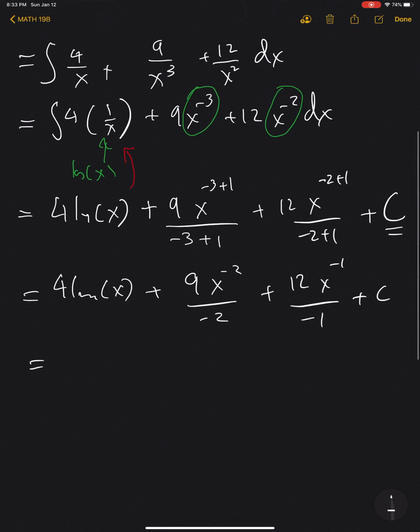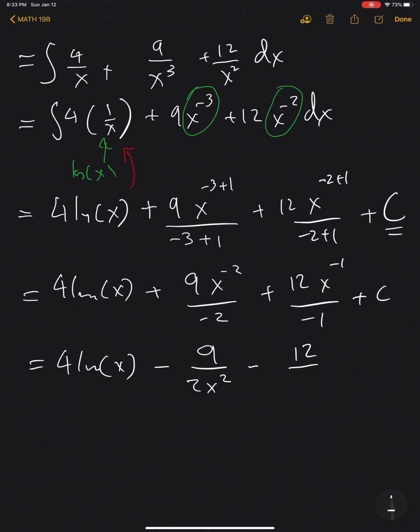And finally, I can write it down as 4 times the natural log of x plus, this should be minus because this guy is negative. So this will give me minus 9 divided by 2x squared. Again, I'm just rewriting the negative exponents as division. And then the last term should also be a negative 12 divided by x, plus a constant.